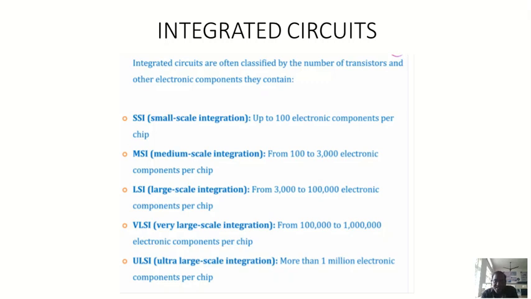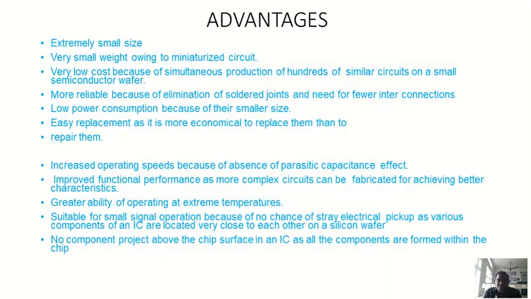Up to 100 electronic components is SSI, 100 to 3000 components is MSI, 3000 to 1 lakh is LSI, 1 lakh to 10 lakh is VLSI. Like that, it depends upon the number of components we have. It is called an integrated circuit.